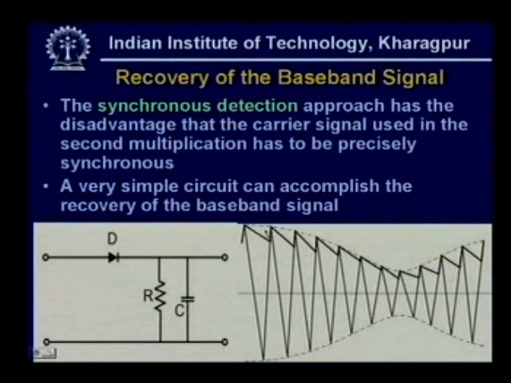Since Fc is very high compared to Fm, this will be quite smooth, and you will get the baseband signal recovered here by using this kind of simple circuit. So, this is known as detection with the help of a diode, and this is commonly used in many situations.